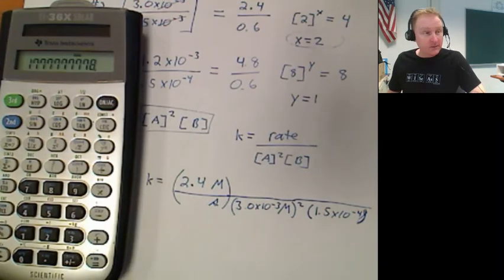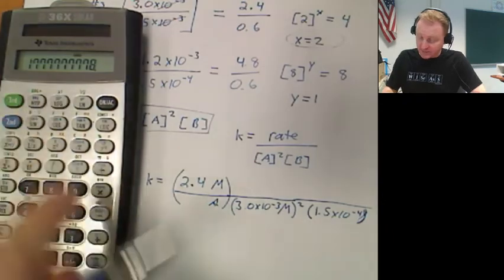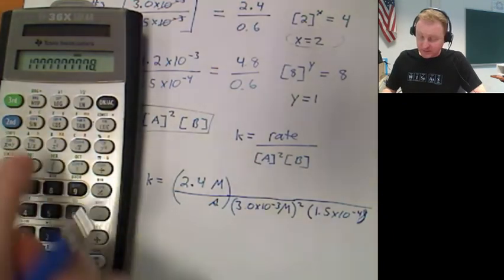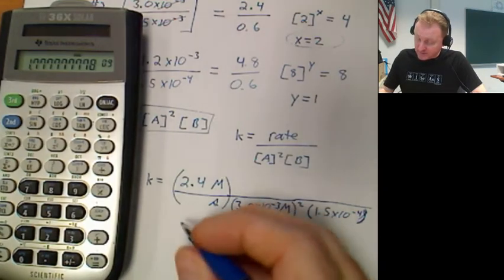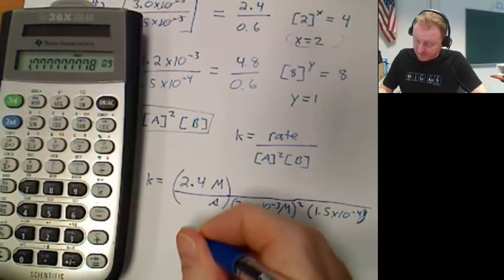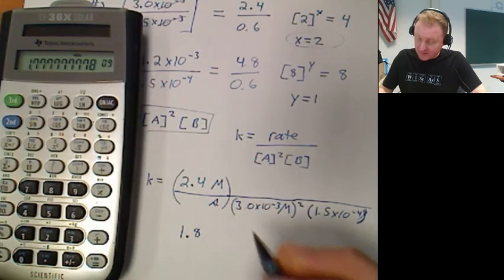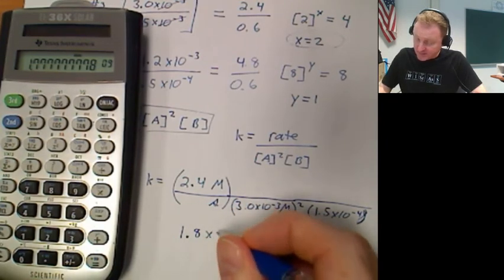I've got a really big number here. If you have a scientific calculator, it's nice to convert it into scientific notation. I'm going to round this off to 2 significant figures, 1.8 times 10 to the ninth.